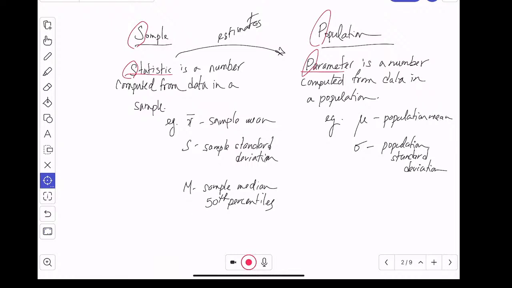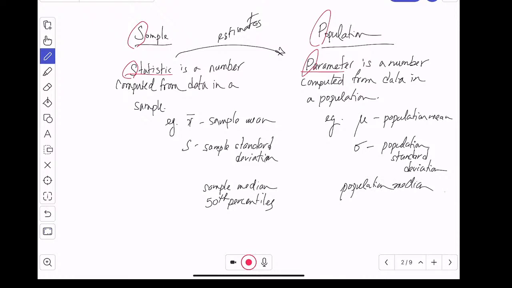We just use M, and it's an estimate. I'm not going to put a symbol then. I'll avoid it by just using no symbols. So the sample median is another example, and the population median would be what it's trying to estimate.